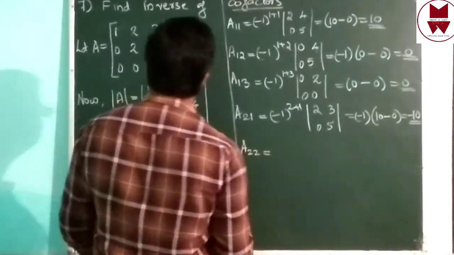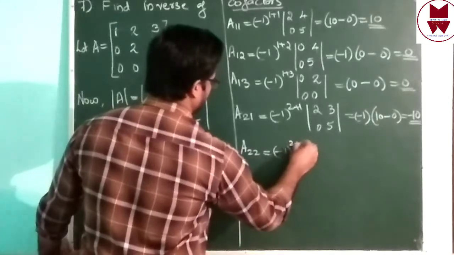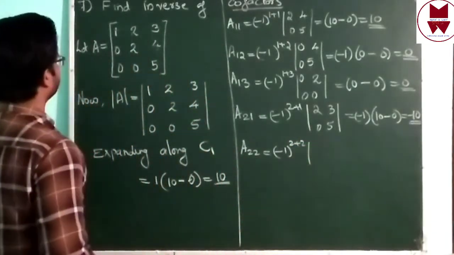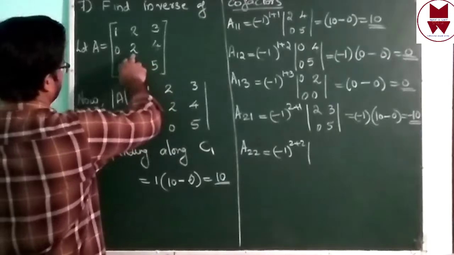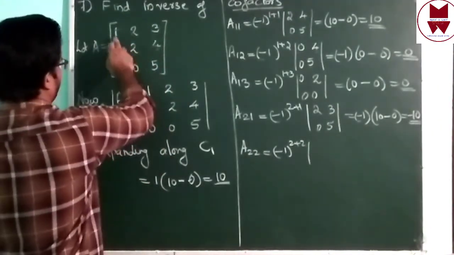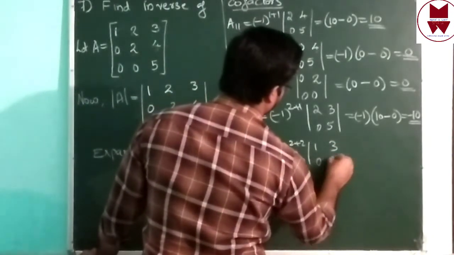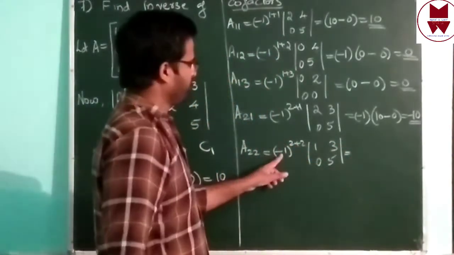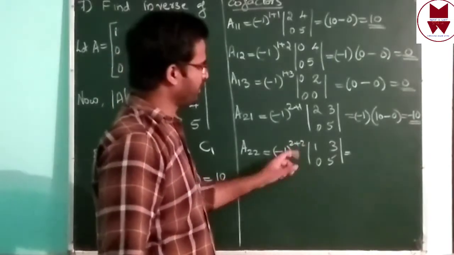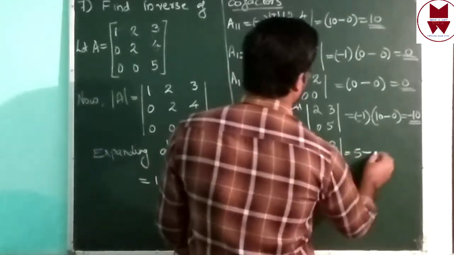A22: minus 1 raised to 2 plus 2, determinant of A22. Second row and second column just delete, then remaining 1, 3, 0, 5. Minus 1 raised to 4, that will be plus 1, no need to write. Then 1 into 5, 5 minus 0 into 3, 0.